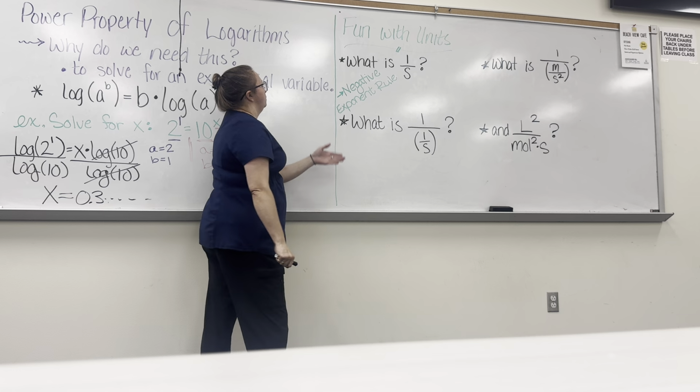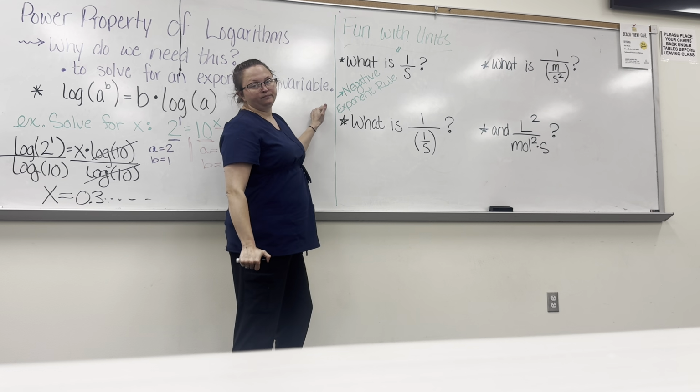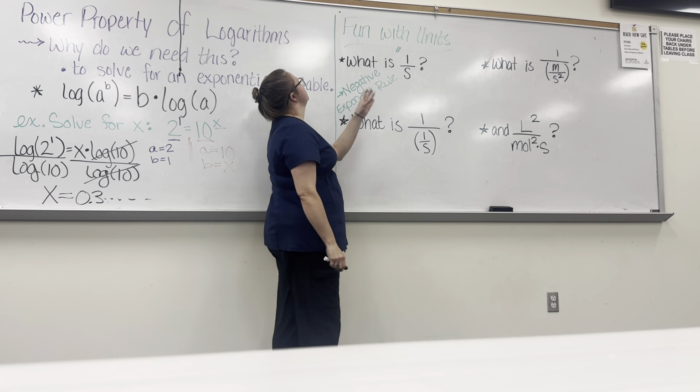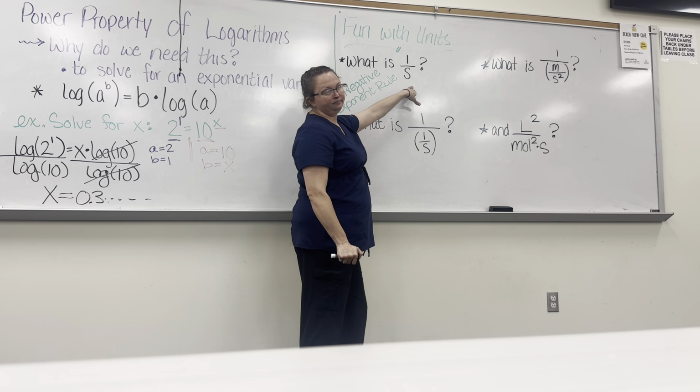In order to do that, we're going to use the negative exponent rule. This is a math rule. So what does that mean? Well, what is 1 over s?